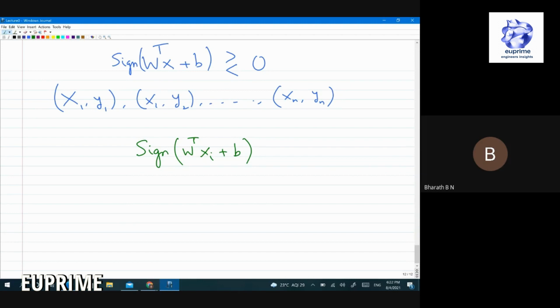So if it is sign, what does that mean? What is sine of x? If you plot it, how does it look? If it's positive, you will get 1, and negative it's 0.